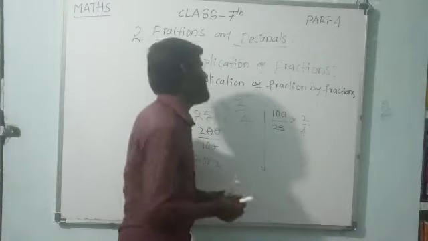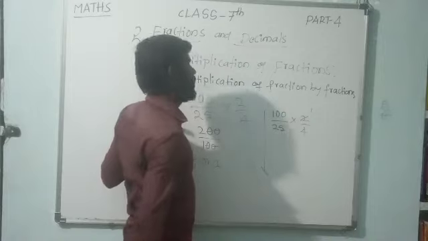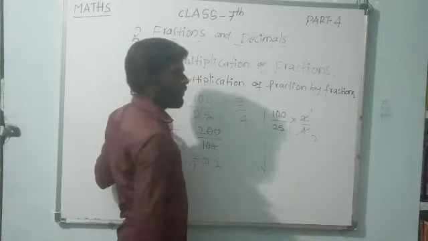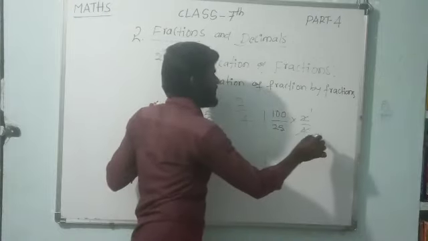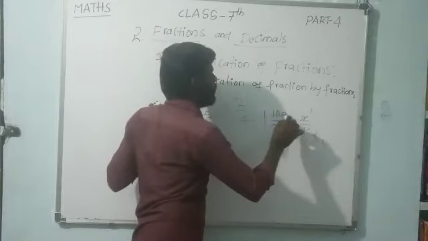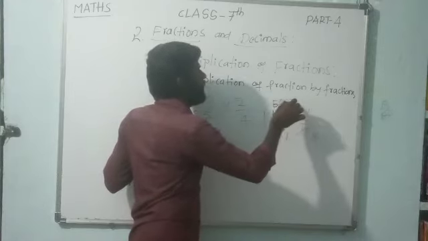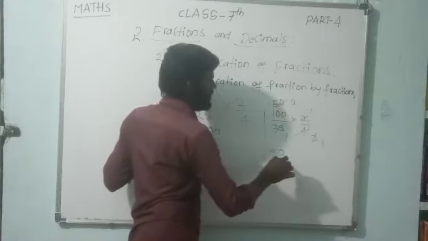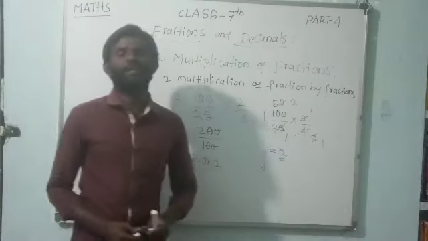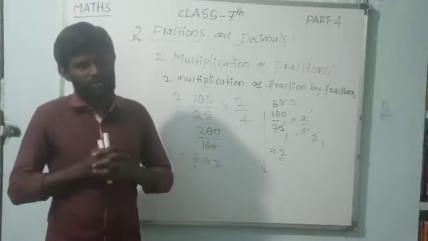As your interest, make it cancel. 2 ones are 2, 2 twos are 4. Further, 2 ones are 2. Then 25 ones are 25, 25 twos are 50. Answer is how much, my dear children? 2. Here also 2. Okay, I think you understood how we have to multiply the given fractions by fractions and fractions by whole numbers.